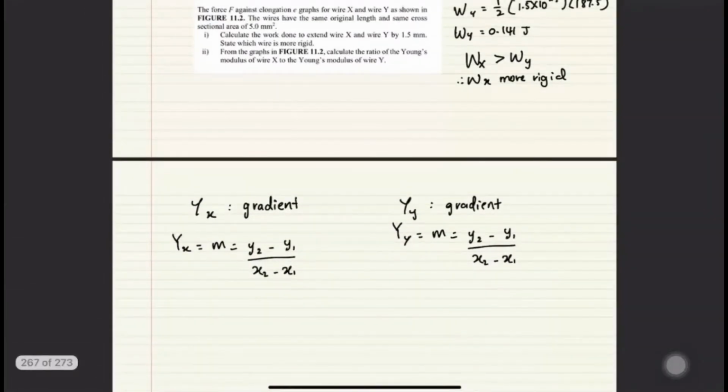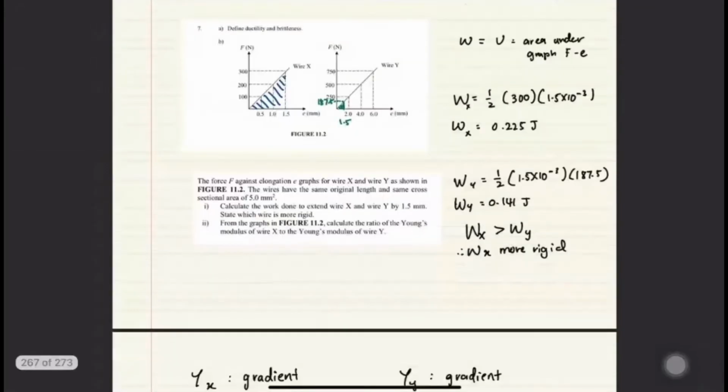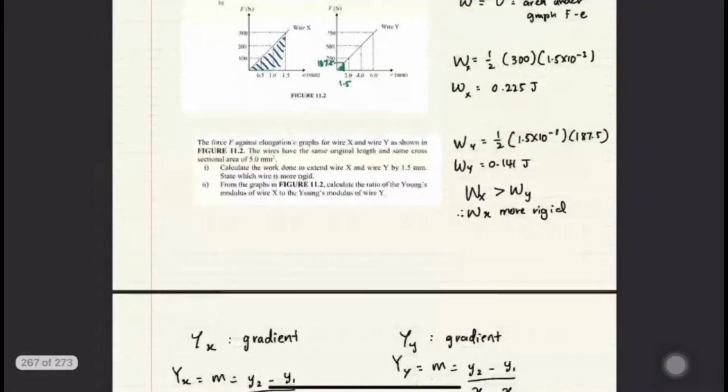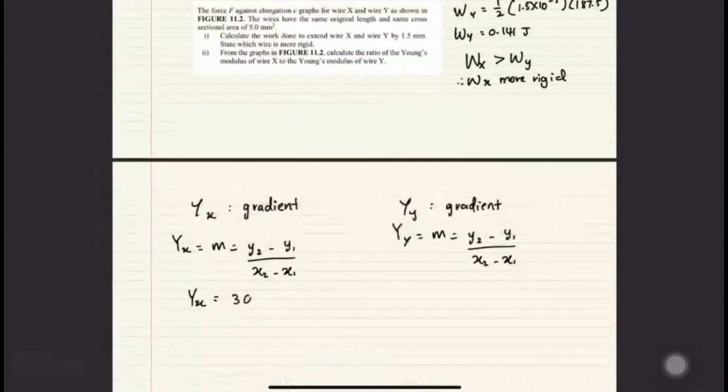Okay, so here you will have YX equivalent to 300 minus 0 over 1.5 times 10 negative 3, because you change to meter, and then still minus 0.